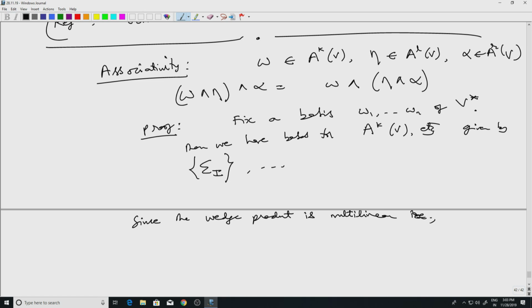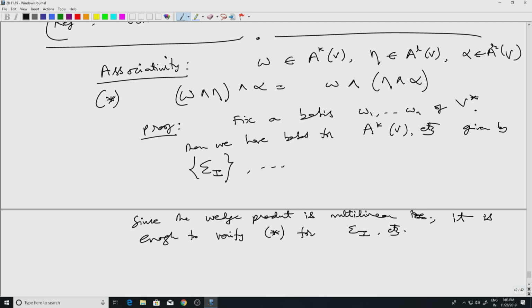One can conclude that since the wedge product is multilinear, so let's call this equation star, it is enough to verify star for the basis forms.